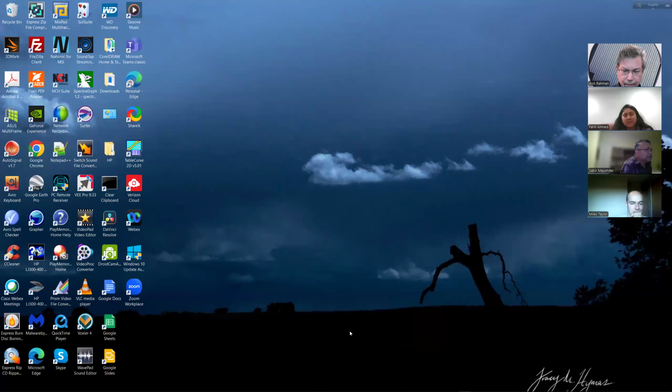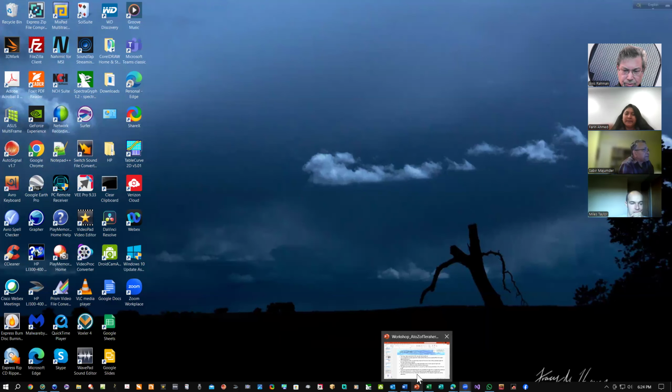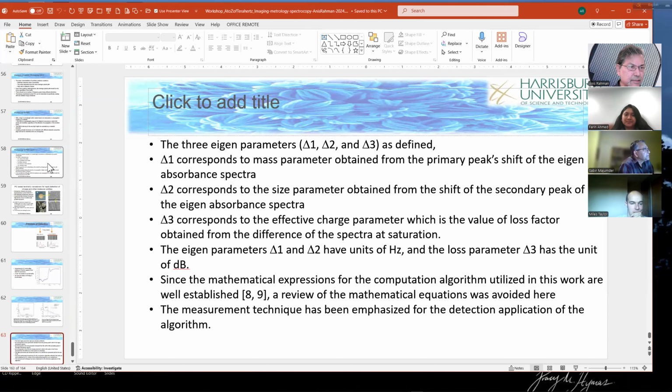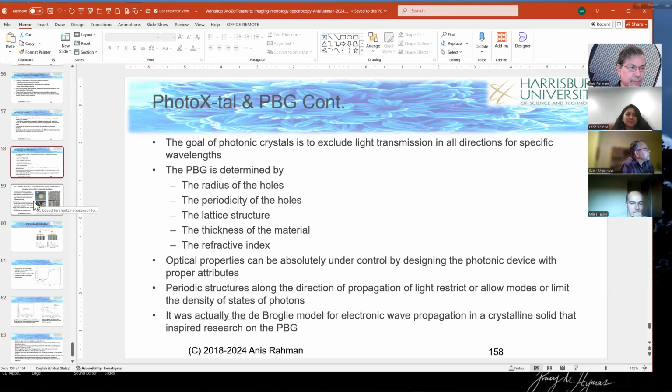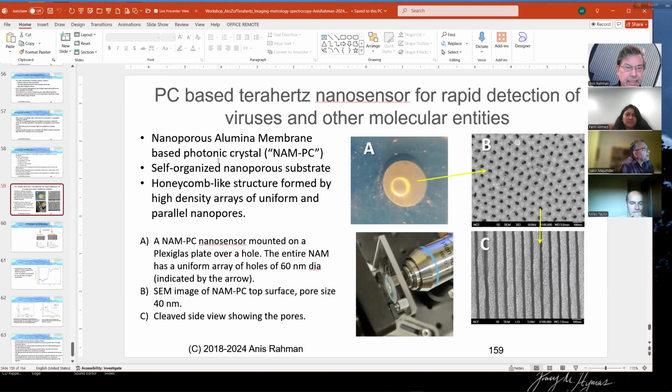Sure, absolutely. If you can go to that alumina sample, or was it aluminum or alumina? Let me share that again. So the photonic crystal, they call it a nanoporous alumina membrane.